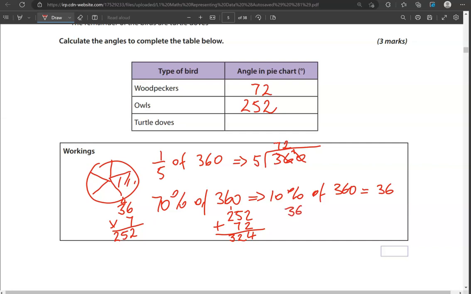We're going to take it away from 360. So we need to take away 4 from the 0, which means we've got to borrow 1 from the 6. This becomes 10. Take away 4 gives us 6. 5 take away 2 gives us 3. 3 take away 3 is 0. So this is 36 degrees.